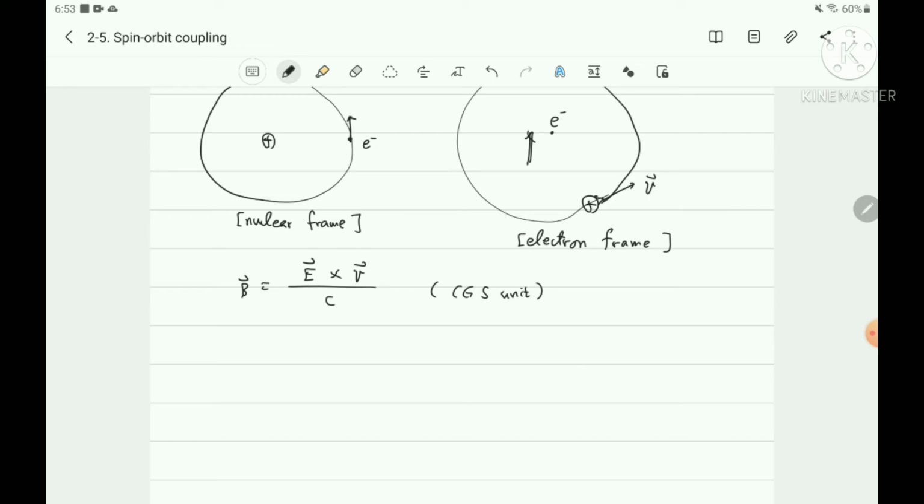From the theory of special relativity, the magnetic field can be written down like this.